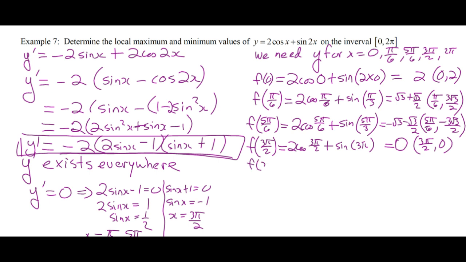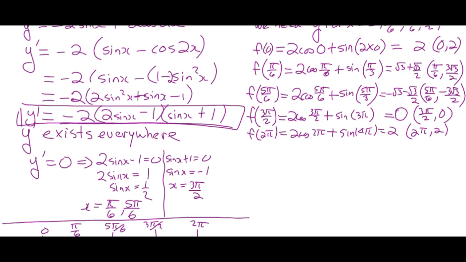And 2 pi. 2 cos 2 pi plus the sine of 4 pi. So what's that, 2? Yeah, 2 plus 0, 2. So 2 pi and 2. All right, so now we should be able to come up with a fairly decent sketch, right?